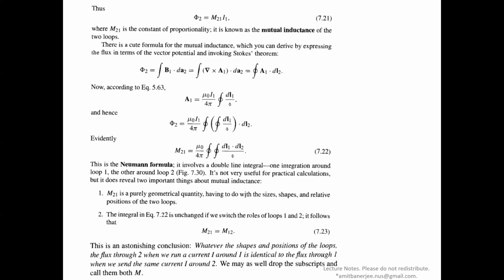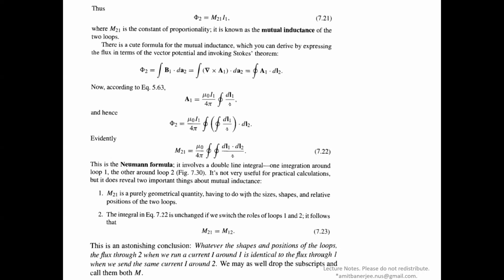Now, this can further give you another mathematical expression by converting B1, which is the field, in terms of the vector potential, which is A1. So B1 would be the curl of A1. And from Stokes' theorem, you can simply have a closed loop integration over dl2 of A1. Now, A1 from earlier, we figured out that the vector potential can be calculated like this.